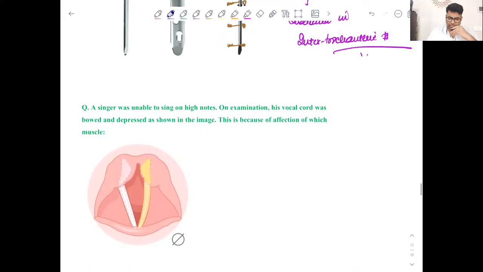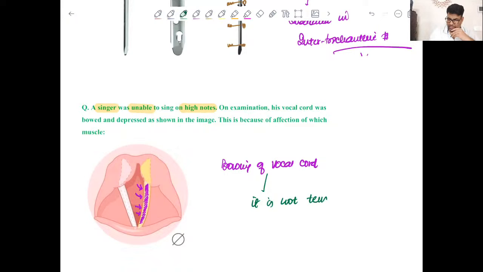Then the next question: a singer was unable to sing on high notes, and when we did a laryngoscopic examination, we saw that the vocal cords were slightly bowed, right? So we can see the bowing of the vocal cord, and whenever we say there is bowing, it means it is not tensed, right?